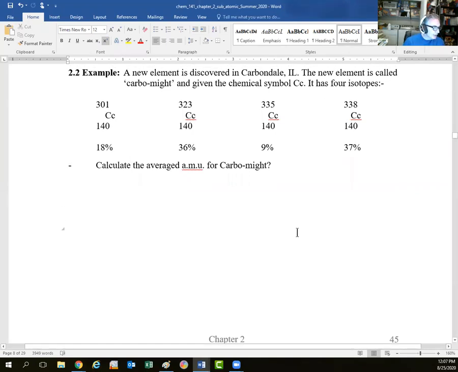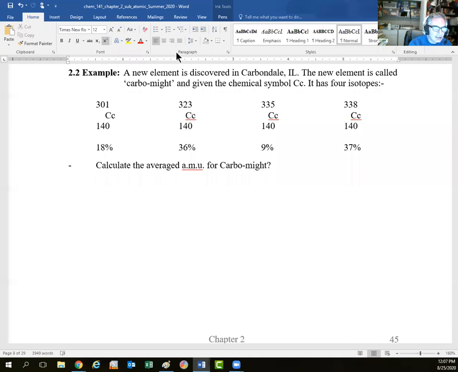Okay, so let's look at this one. We want 18% of the 301 mass. So the 301 times 0.18, and that'll come out as 54.18.